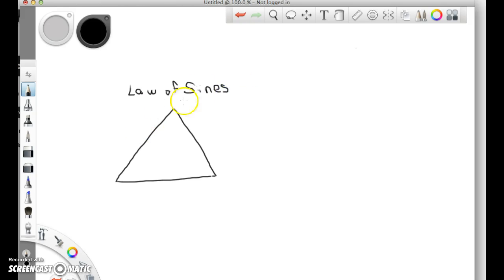You're not done. Alright, the law of sines says that for any triangle, doesn't matter what the degrees are, if you know one length, let's call this 12, and you know an angle, let's say this angle right here is 48 degrees, and let's say we knew this one right here was 40.